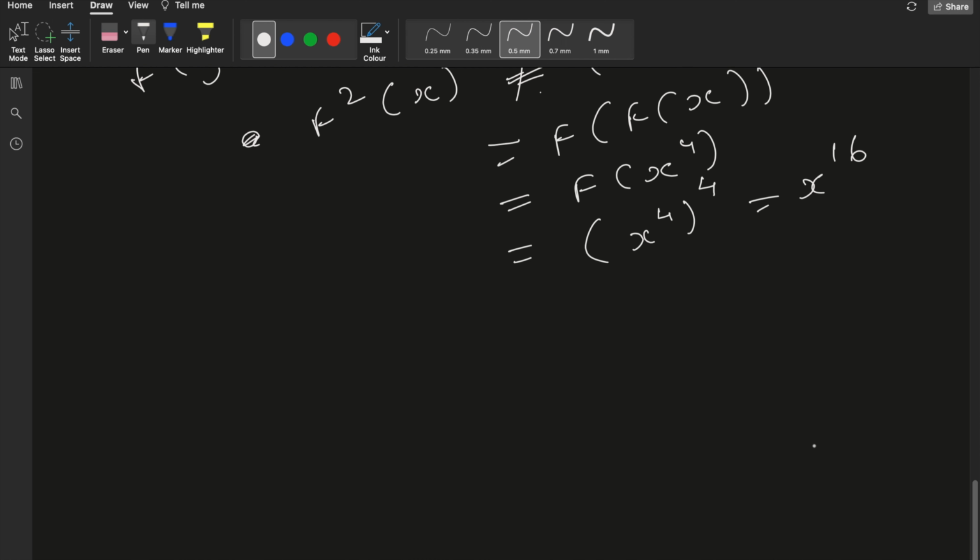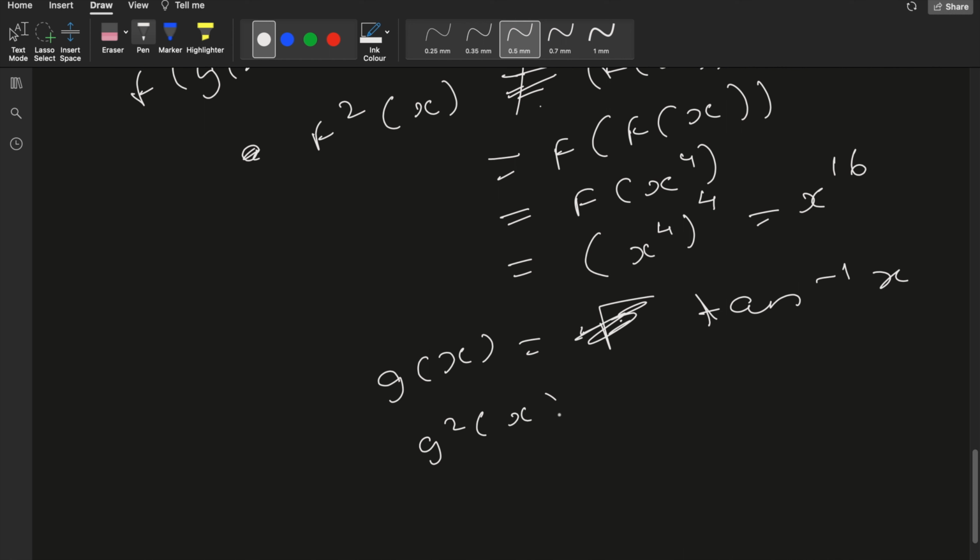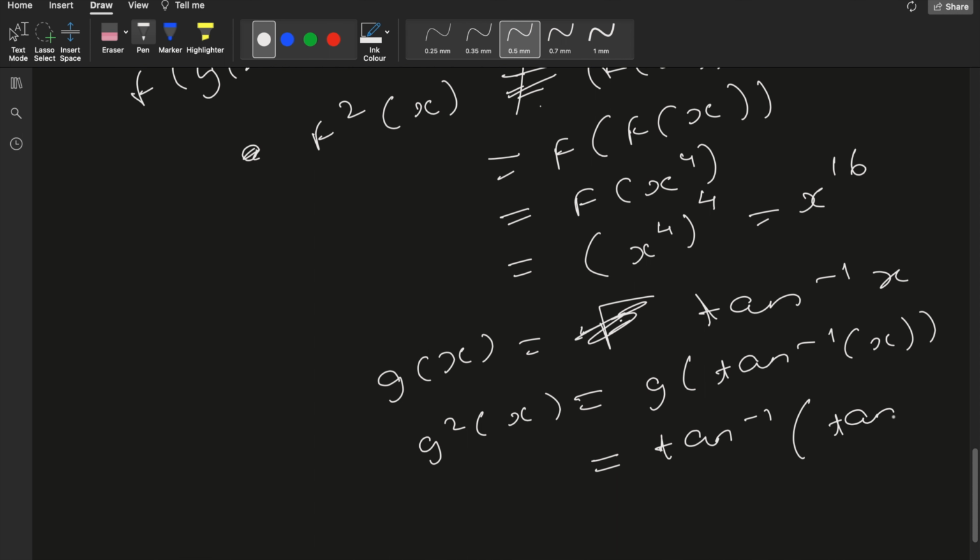And yeah, let's take another example. Let's just write g of x equals, let's take something not that complicated, tan inverse of x. So g of g of x would be tan inverse of tan inverse of x.